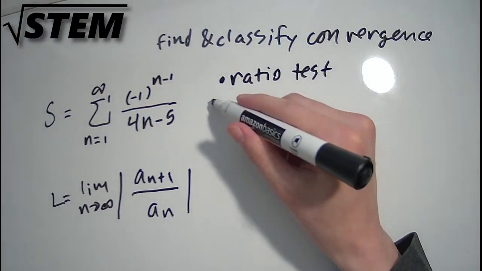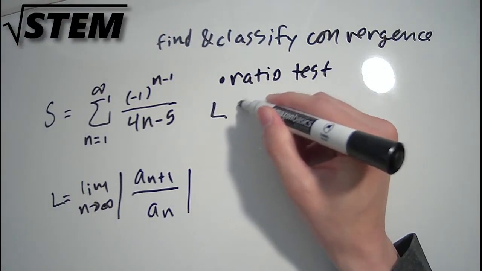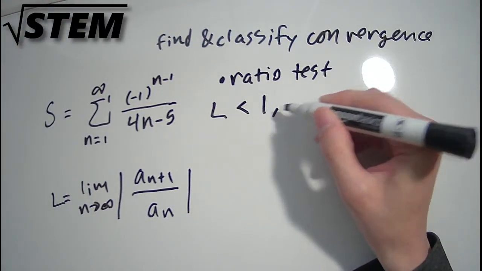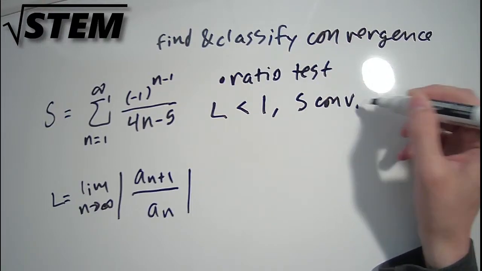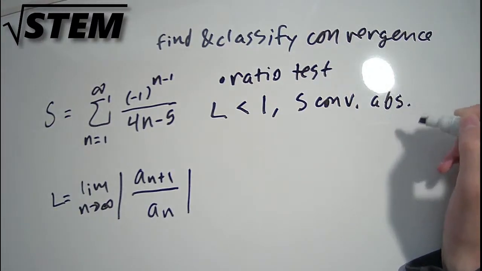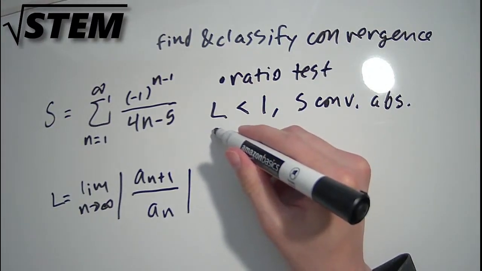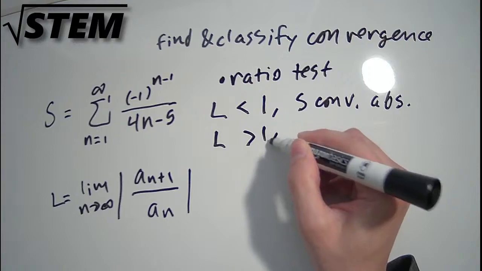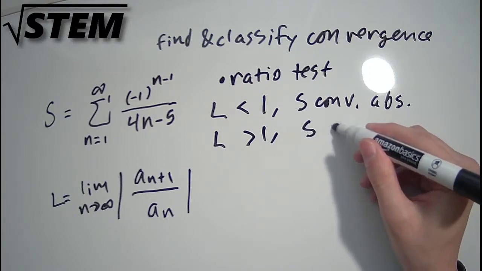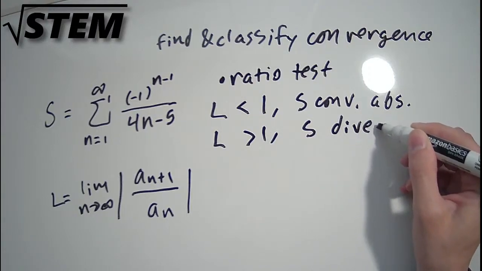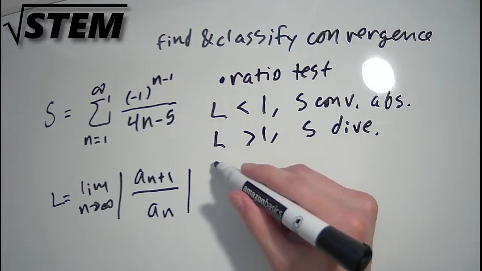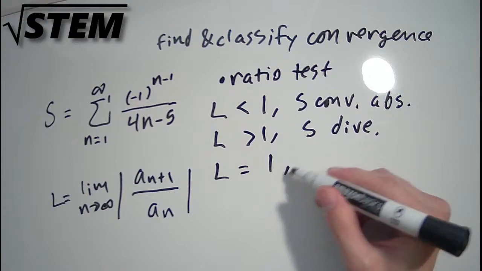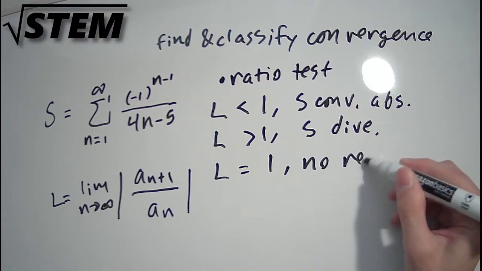So if L is less than 1, then our series converges absolutely. If L is greater than 1, the sum diverges, and if the limit equals 1, we get no result.